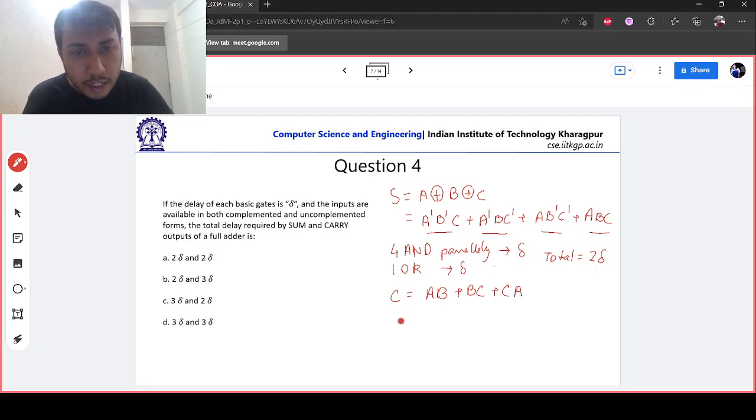Similarly for carry, these are 3 independent operations, right?